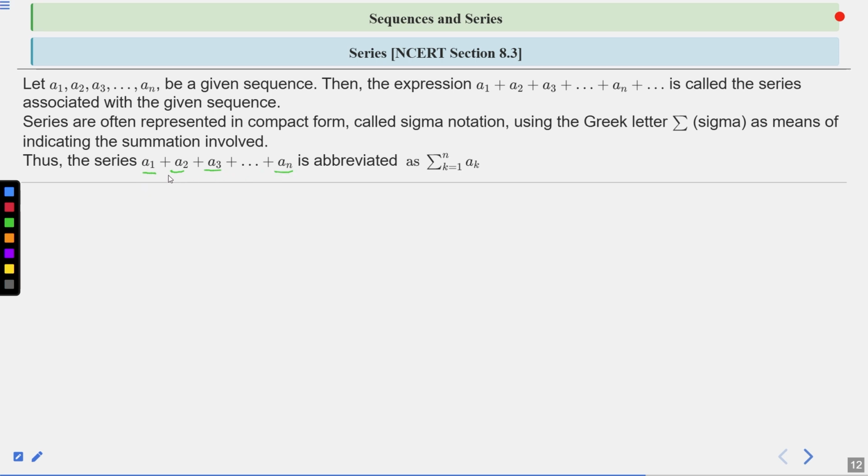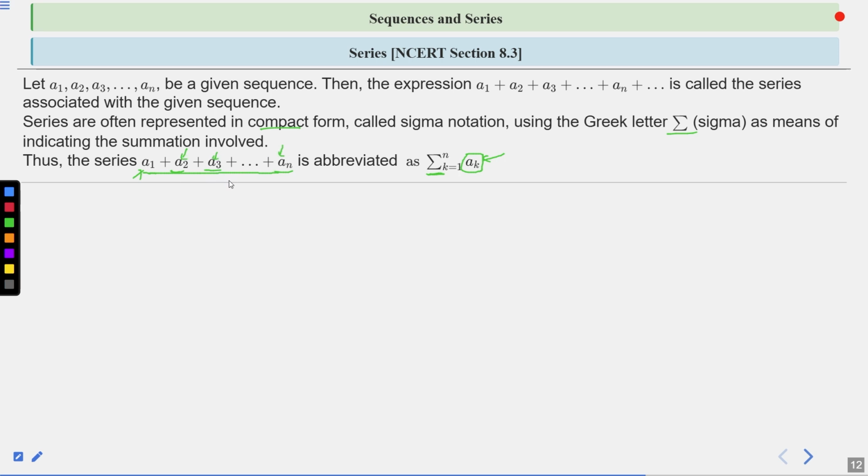You add all the terms provided in the given sequence. Now this is your expanded form. How are you going to write this in compact form using the letter sigma? Very simple. First of all we use the sigma. Now we write some term, ak. ak represents each term.